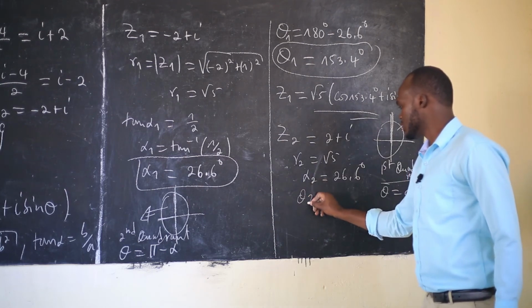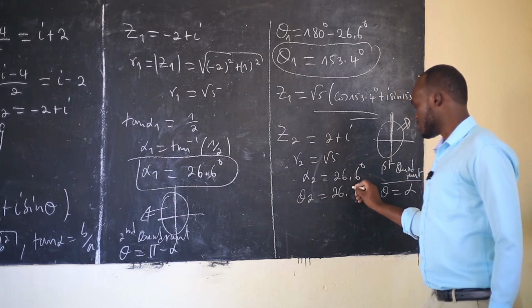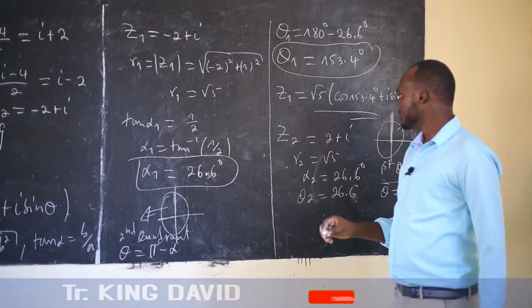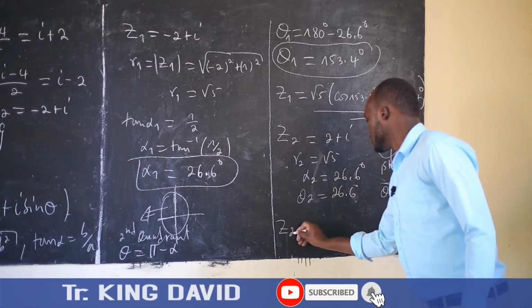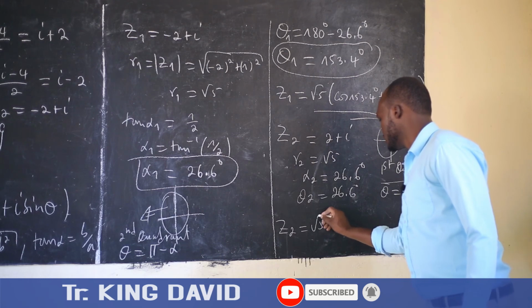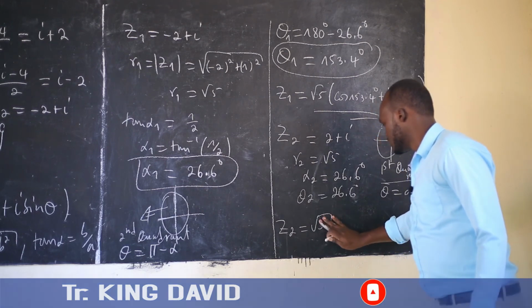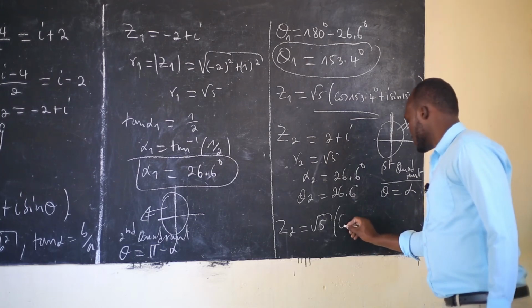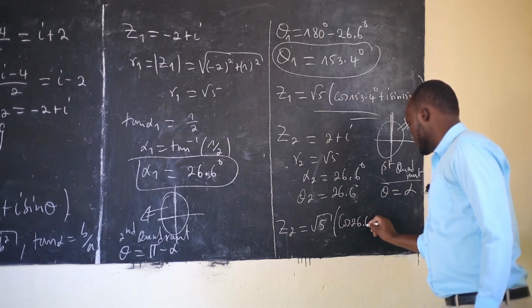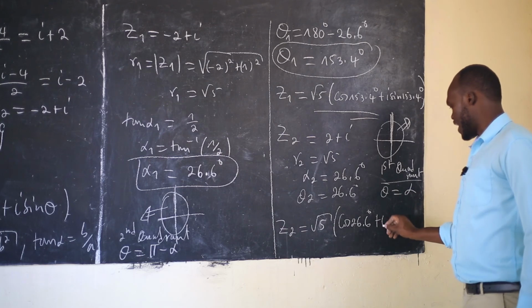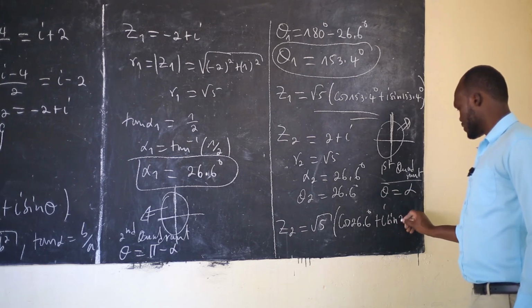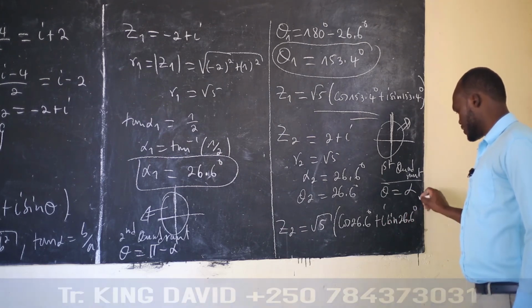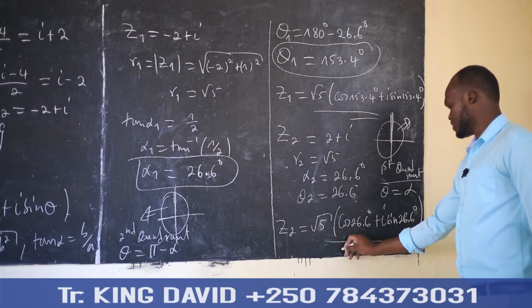Therefore, angle 2 equals 26.6 degrees. So z2 will be equal to root 5 into bracket cos 26.6 degrees plus i sine 26.6 degrees. That's the answer.